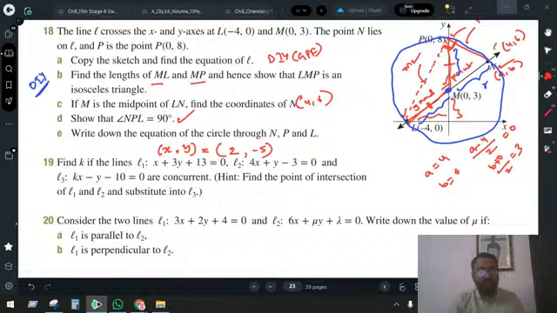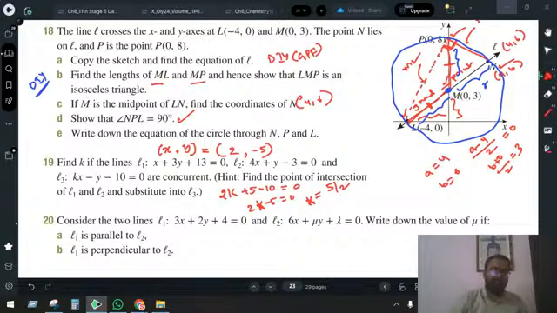And these lines are concurrent means you have to substitute this point into the third line: 2k minus of minus plus 5 minus 10 is equal to 0. It is 2k minus 5 is equal to 0. Therefore k is equal to 5 by 2. That's it. K equals 5 by 2.